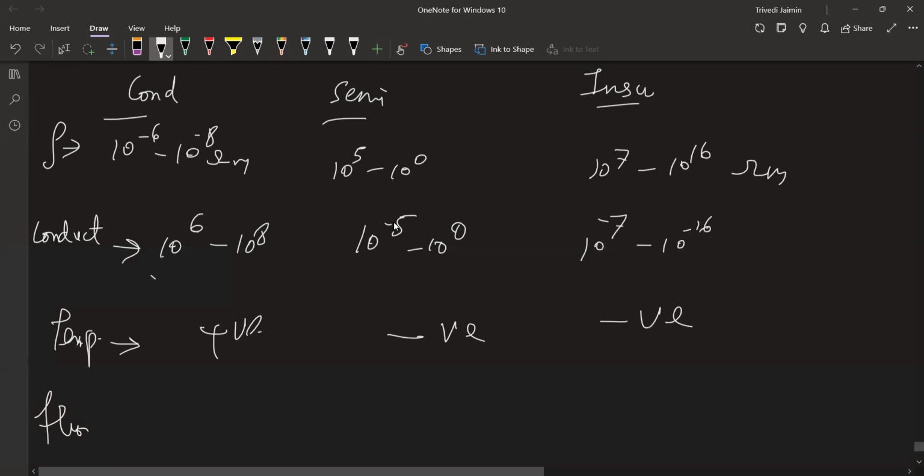How does the flow of current work? Due to free electrons, due to electrons and holes, and no current.